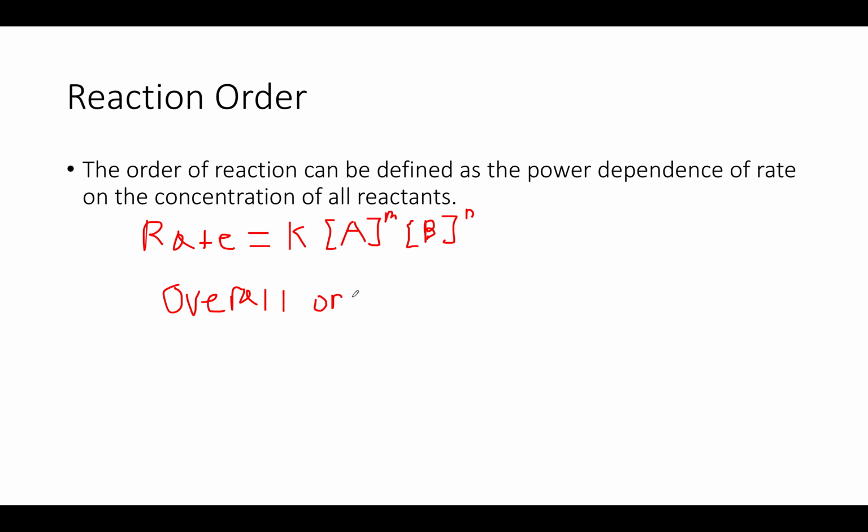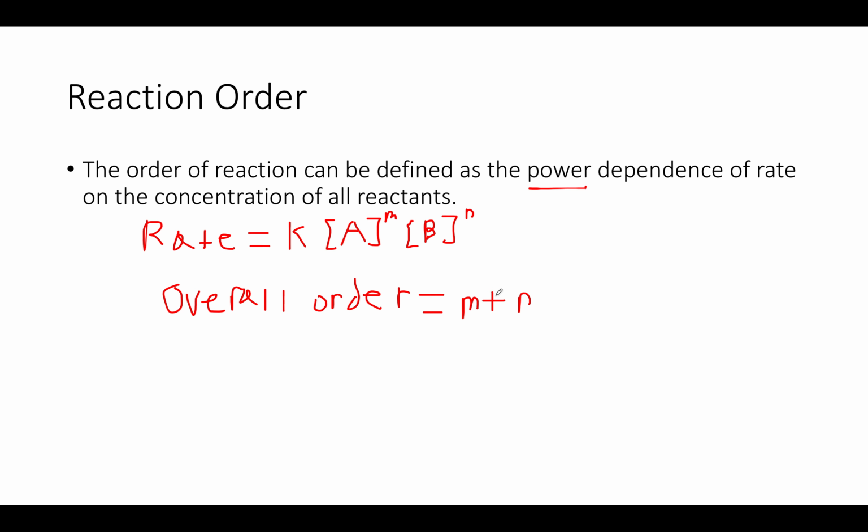In this case, since we're just using letters, the overall order would be the sum of the exponents, m plus n. In other words, the order of the reaction is dependent on the power of the concentrations of the reactants, so that would be m and n.